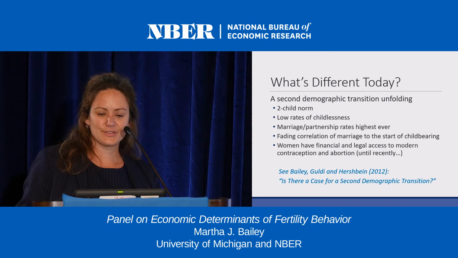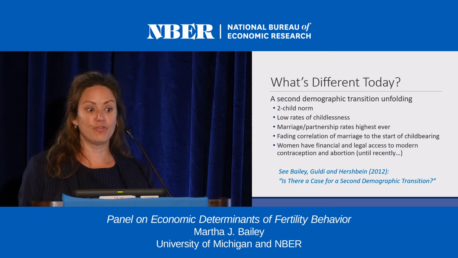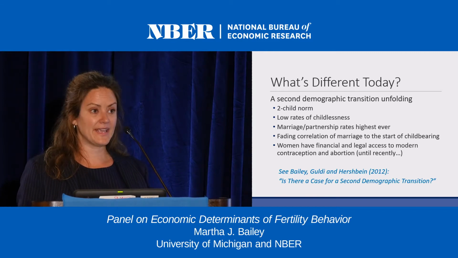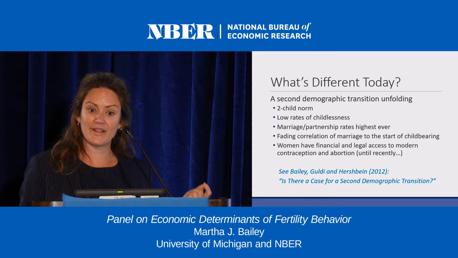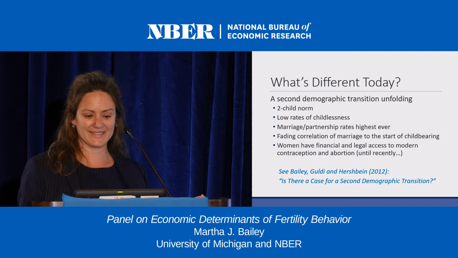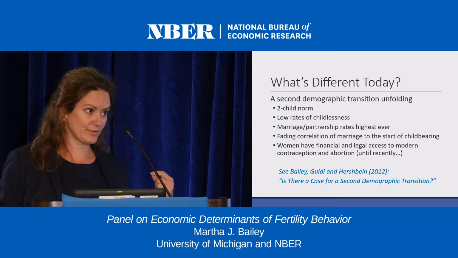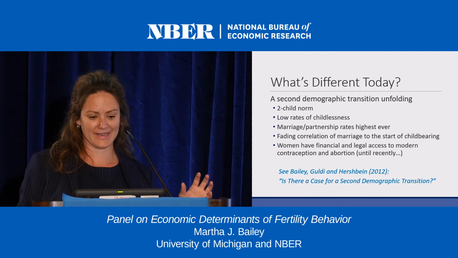There's a lot of things, too, that are very different from today. And when we see declining childbearing before the baby boom, we're talking about things that are very different. So today we're talking about the emergence of a two-child norm, low and falling rates of childlessness, and marriage and partnership rates, contrary to popular opinion once you account for cohabitation, that are at all-time highs.